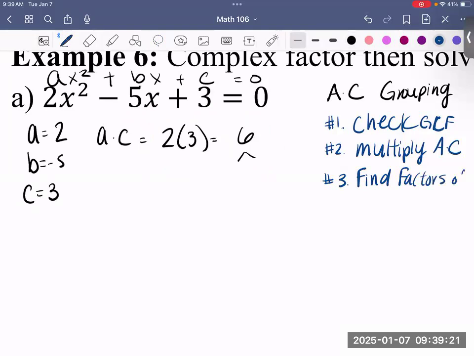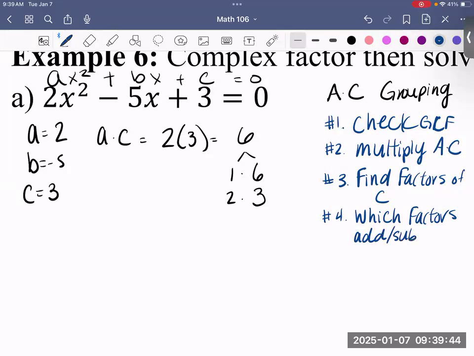Factors of 6: 1 and 6, 2 and 3. Now we're going to do exactly as we've done before. Which factors add or subtract up to B?